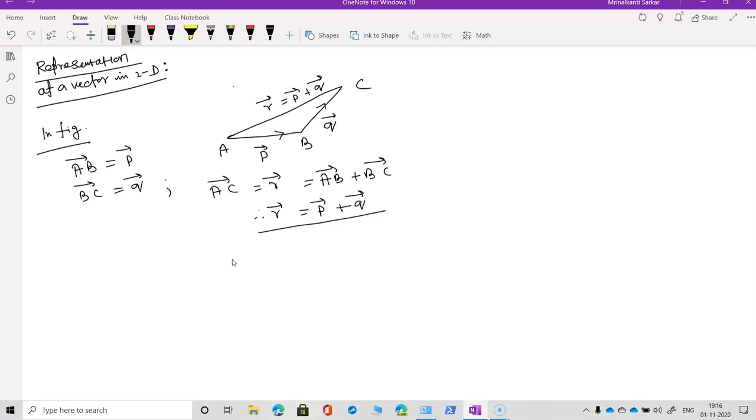This R will represent the sum of the two vectors AB and BC. That is R is equal to P plus Q.